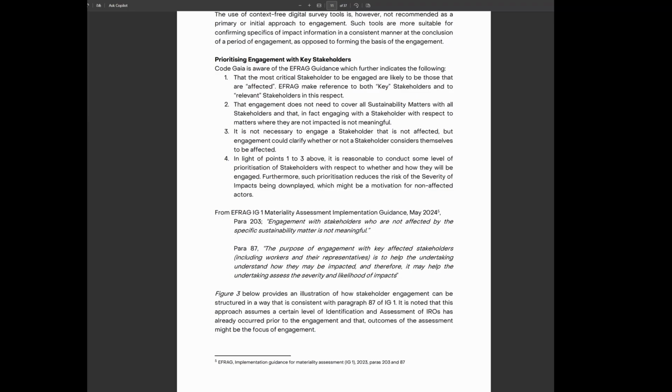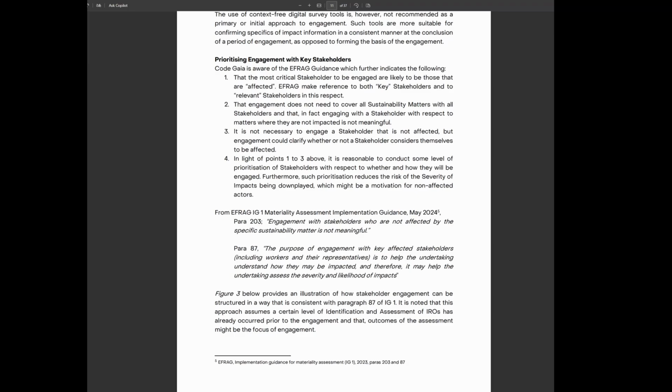And there are some pretty strong statements in IG1 that we draw on, namely that engagement with stakeholders who are not affected by a specific sustainability matter is not meaningful, and the idea that engagement can help with understanding severity of impacts and invalidating risks and opportunities, which we'll come to in a bit.